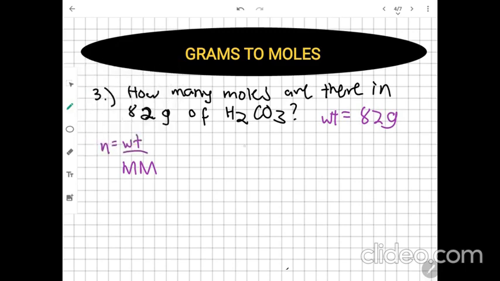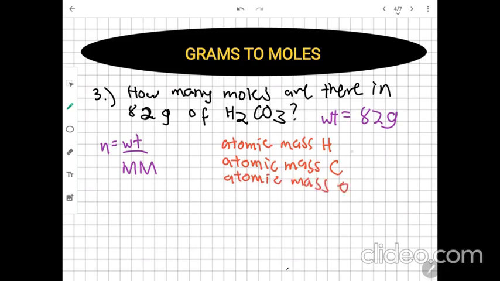Let's write first the atomic mass. Okay, let's use another color. For atomic mass of our hydrogen, we also have the atomic mass of carbon, and we also have the atomic mass of oxygen here.